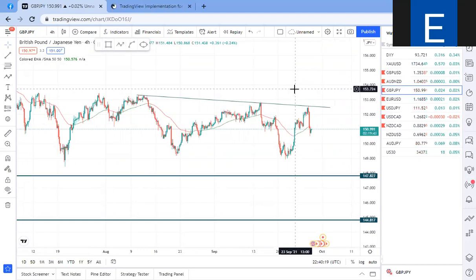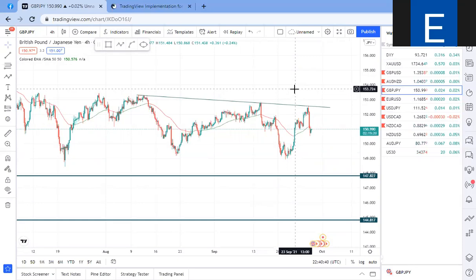You always wait for the third touch in order to get good entries, or proper confirmation that that chart pattern, that flag or channel, will actually hold. It is more confluence that the chart pattern will play out nicely.